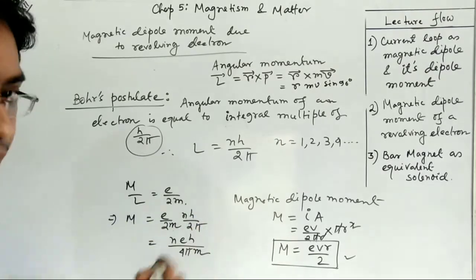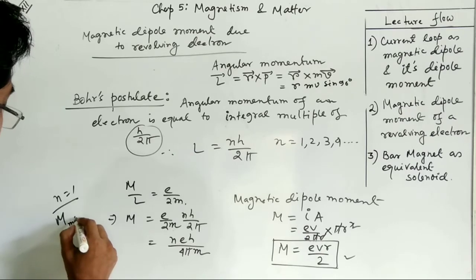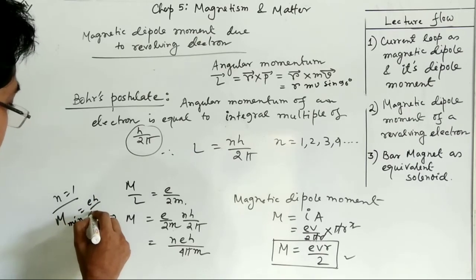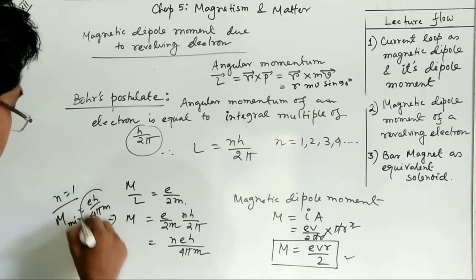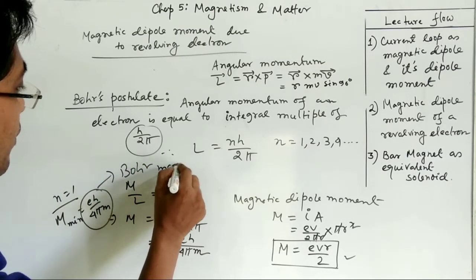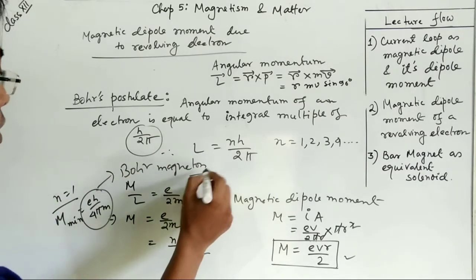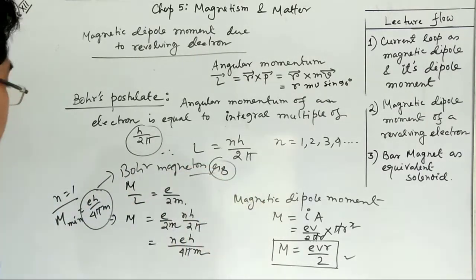Okay, we take n is equal to 1, that means m is the minimum, m minimum, that is eh by 4 pi m. That is known as the Bohr magneton. That is also a unit, denoted by mu B, Bohr magneton.